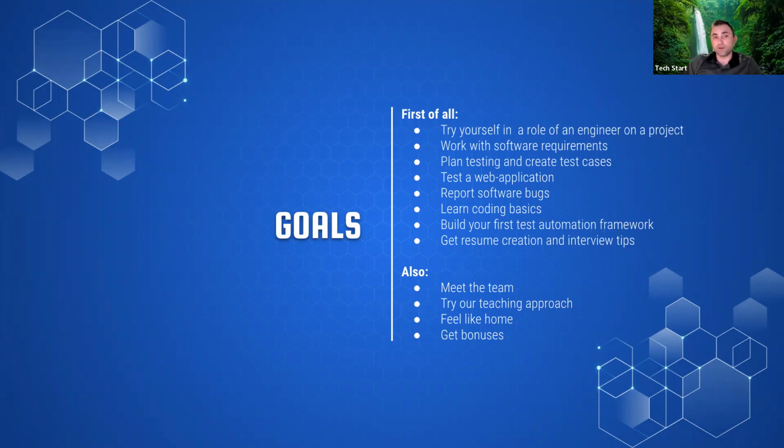On the fifth lesson, we will create our test framework based on the knowledge you will get in the coding basics course, and you will create your first test automation framework and write your first tests. Also we will be talking about job search, resumes and interviews, and success stories on the last lesson.